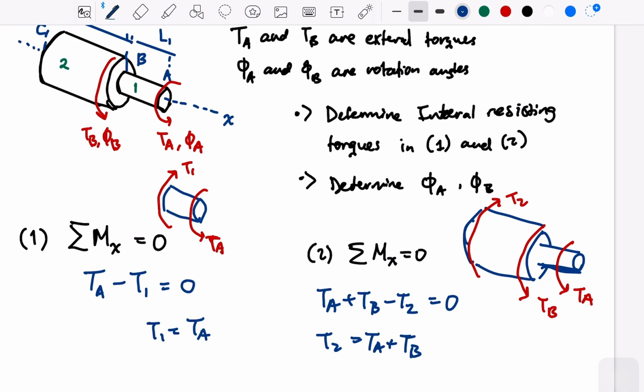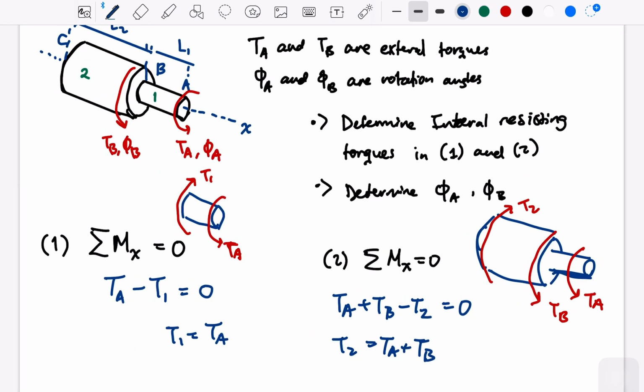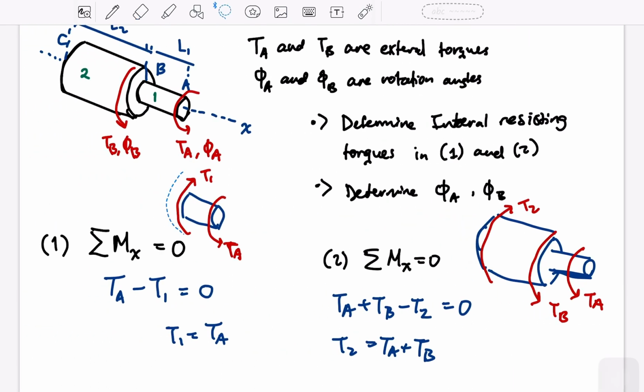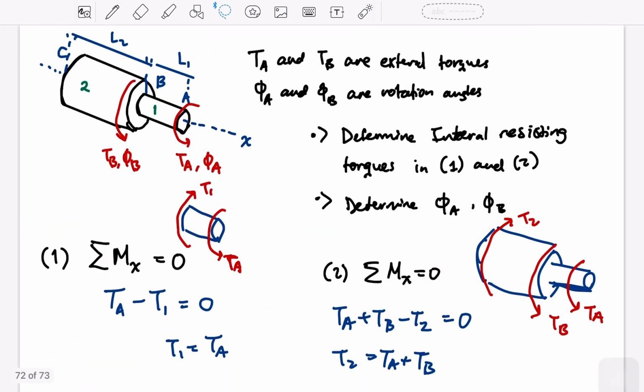Now, based on our free body diagram that we have here, we can write down the angle, or maybe let me write on the new page, and let me copy this part here, and then copy this part also.